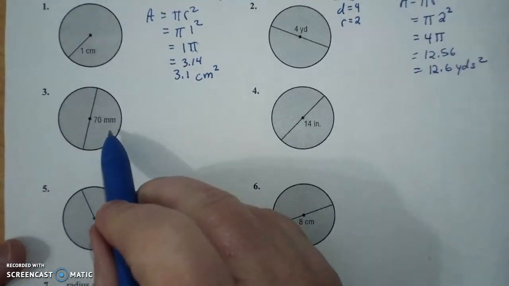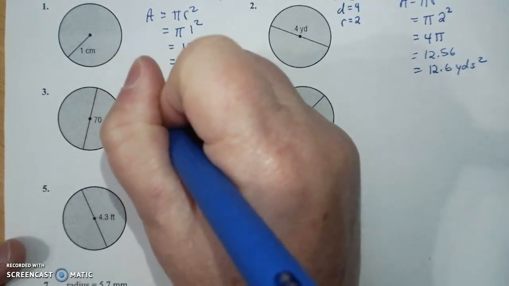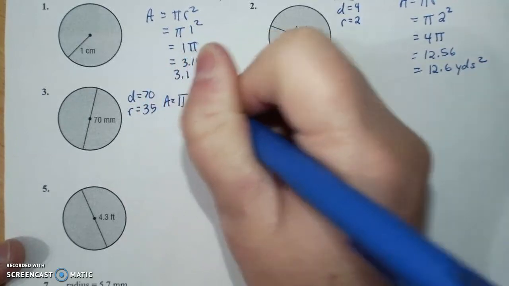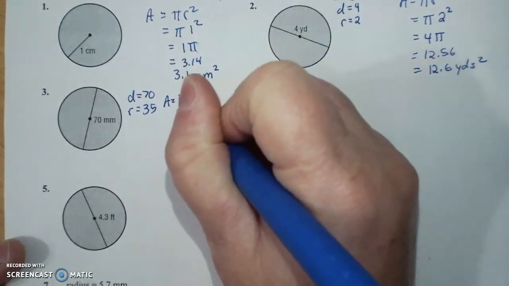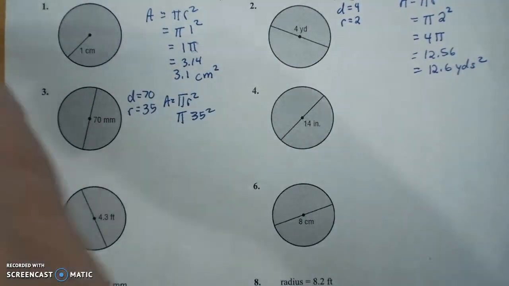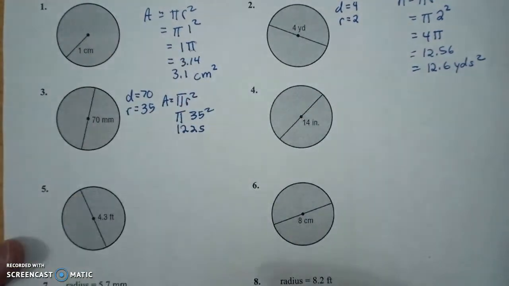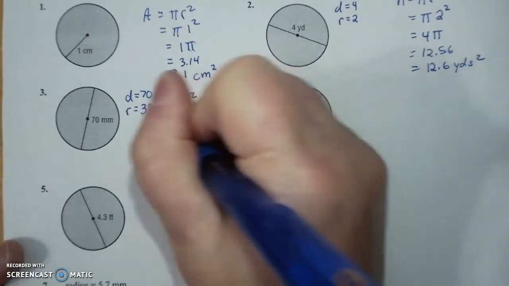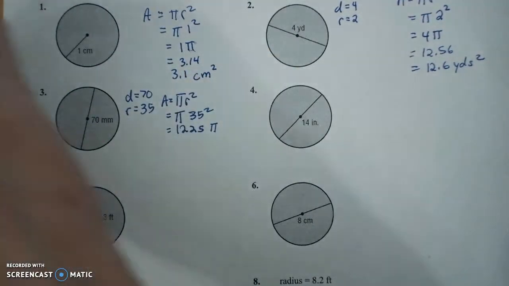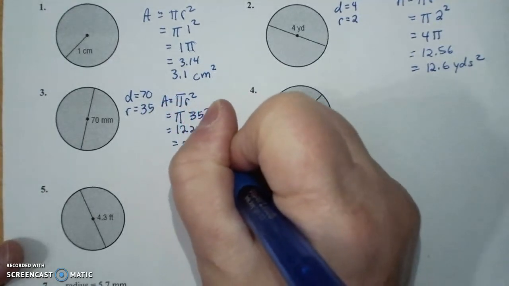This is a diameter. Diameter equals 70, r equals 35, area equals pi r squared, pi 35 squared. 35 times 35, ooh, that's going to be a big one. 1,225. These are not drawn to scale. Pi, and then you're multiplying that by 3.14, and you get 3,846.5.